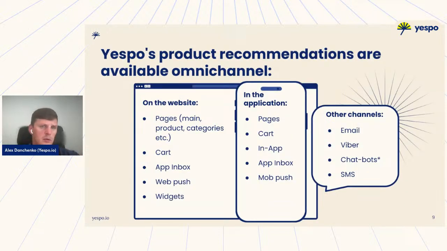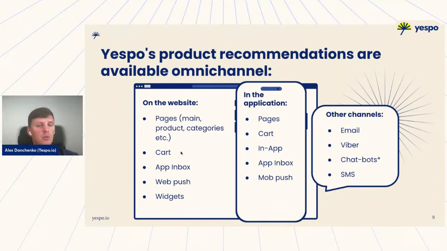Let's have a closer look at where exactly those recommendations can be used. Of course, we most often imagine this on a website, on different pages like the main page, product page, category page, or some specific pages like checkout or thank you for the purchase.